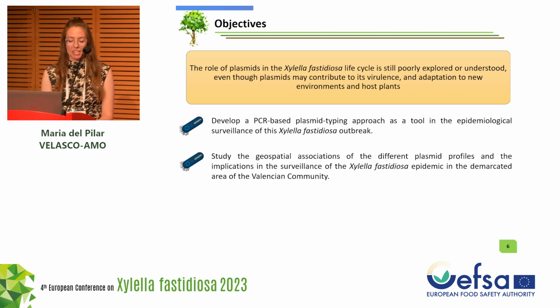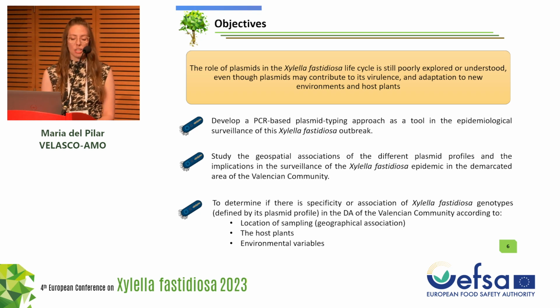Study the geospatial association in the different plasmid profiles and implication in the surveillance of Xylella fastidiosa epidemic in the demarcated area of the Valencian community, and to determine if there is an association of Xylella fastidiosa genotype in the demarcated area according to the location of the sampling, the host plant, and environmental variables.